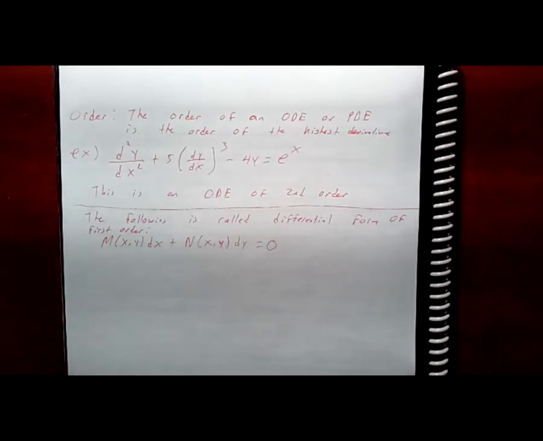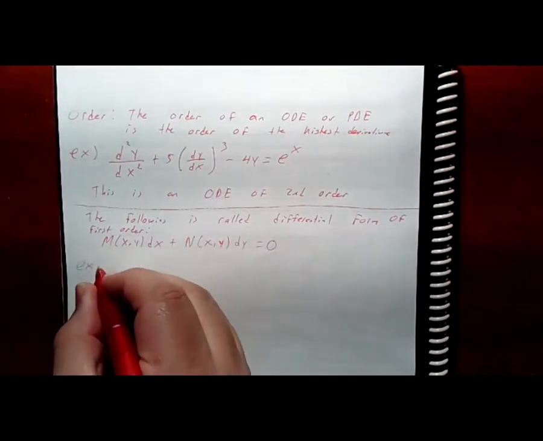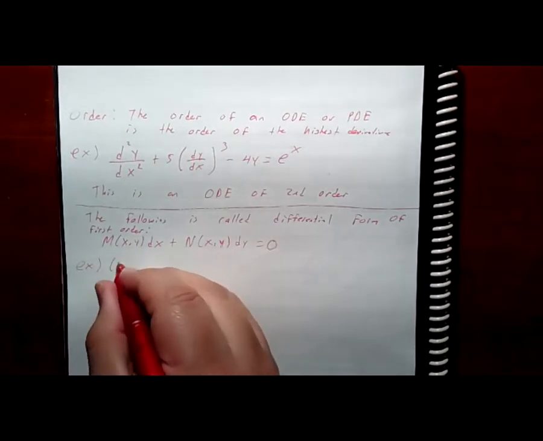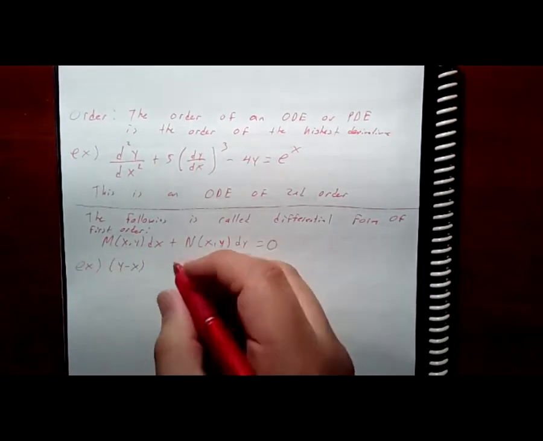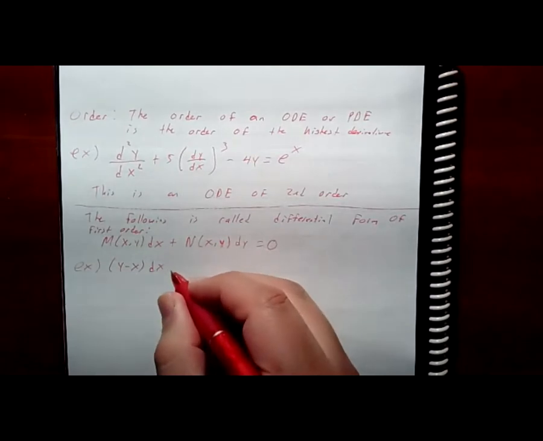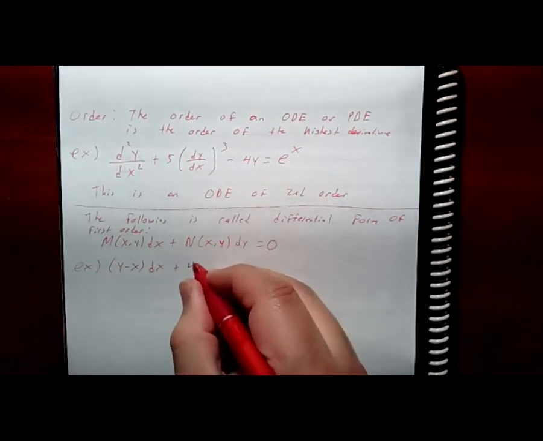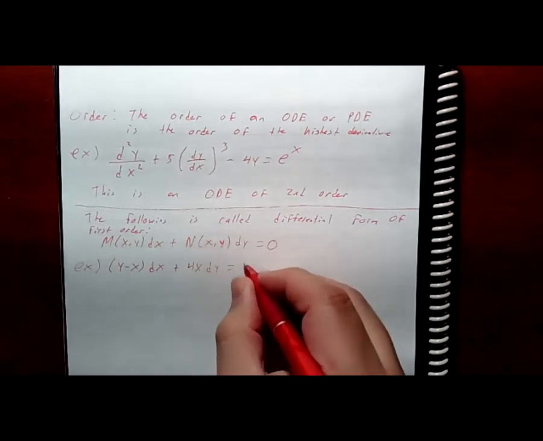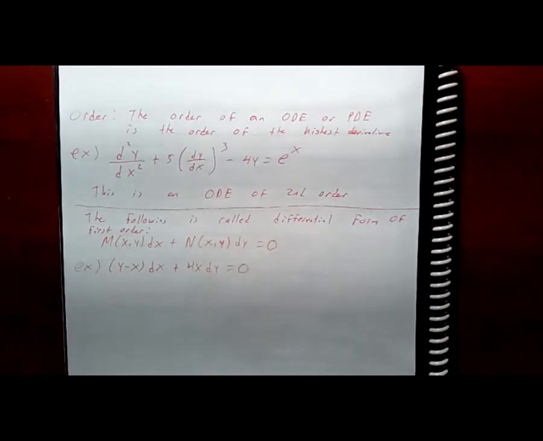So if you see it in this form and you need to fix it, for example, here's a good one from the book: y minus x dx plus 4x dy equal to 0. This would be your differential form of the first order.